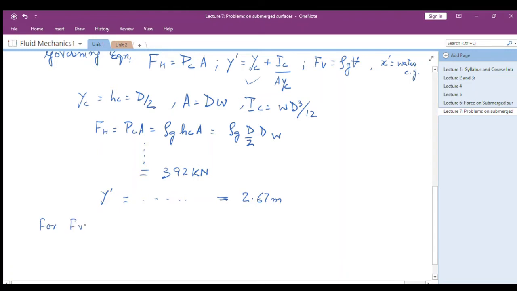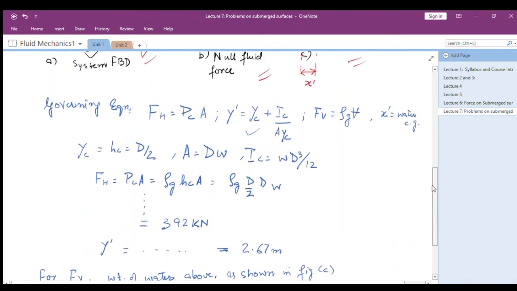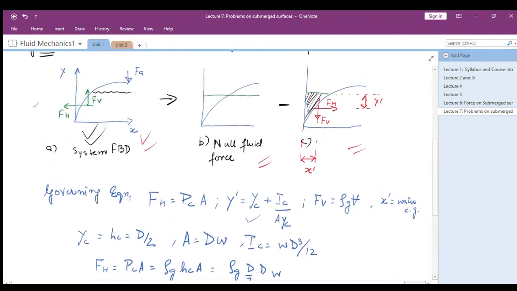Now for the vertical force, we can find the weight of the water which is above, as shown in figure C. So what we are going to do is find this weight.